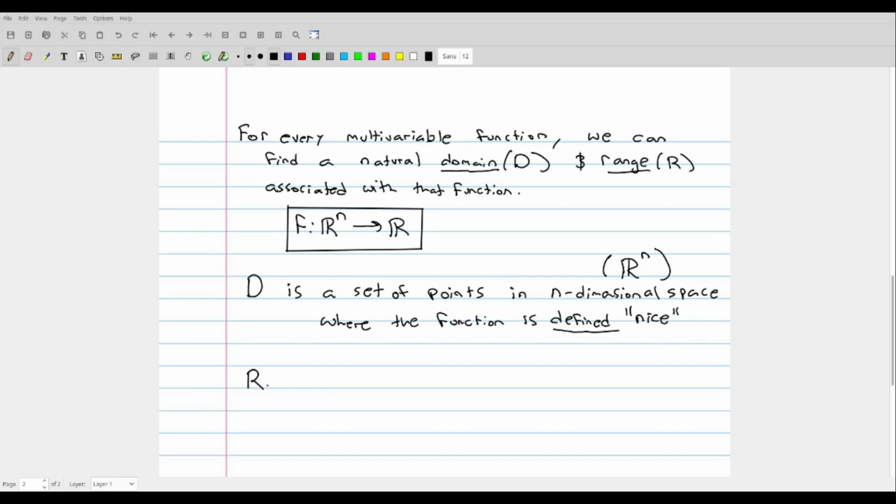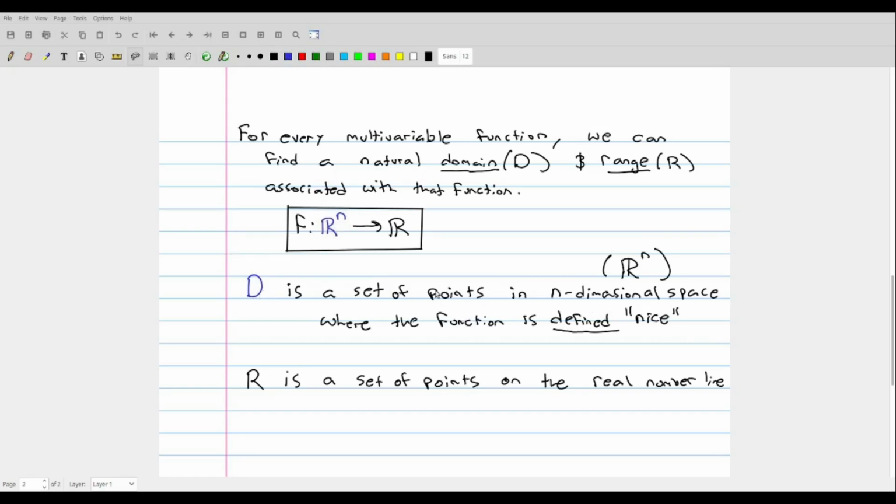So the range R of a function is a set of points in the real number line. I'll also use a little bit of color to show how this D, the domain of the function, relates to this right here. It's a subset of n-dimensional space.